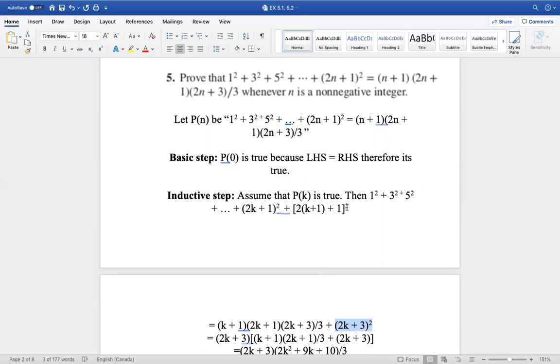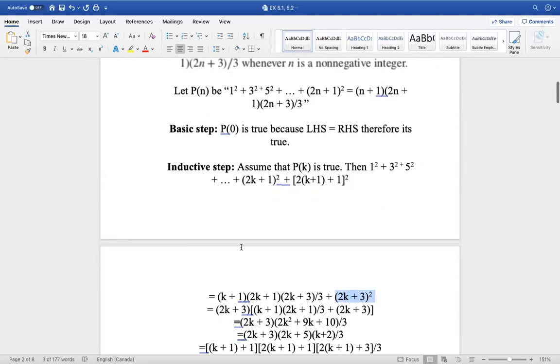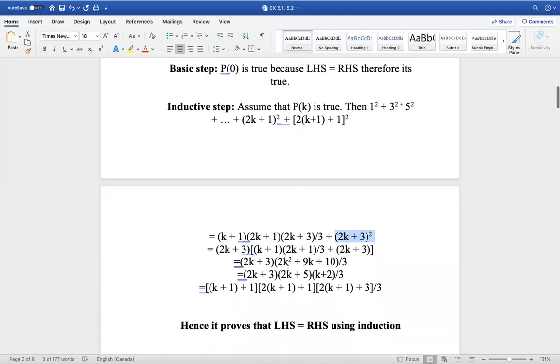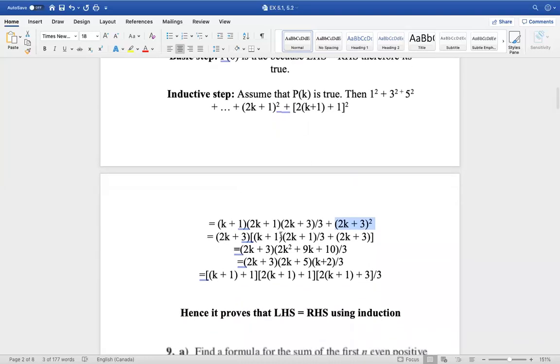So we added this one on the left hand side, and then we added this one on the right hand side to make them both equal. Then we try to balance the equation, and after we simplify, we figure out that both left hand side and right hand side are equal to each other. Therefore we prove this using induction.